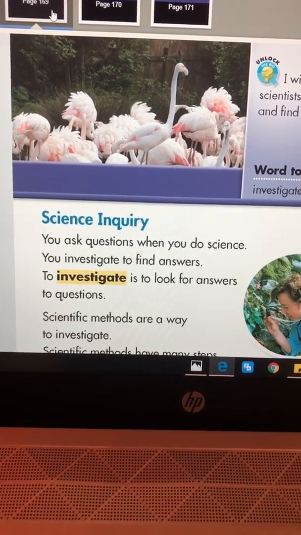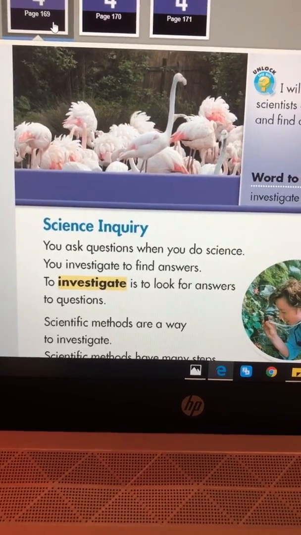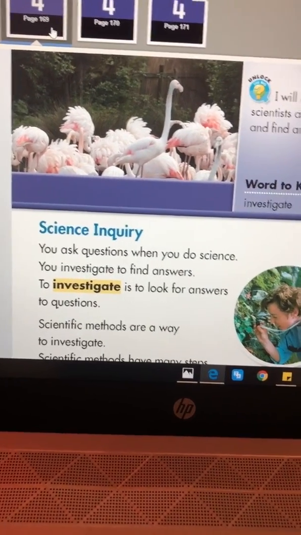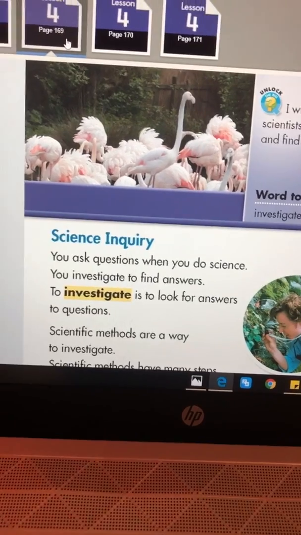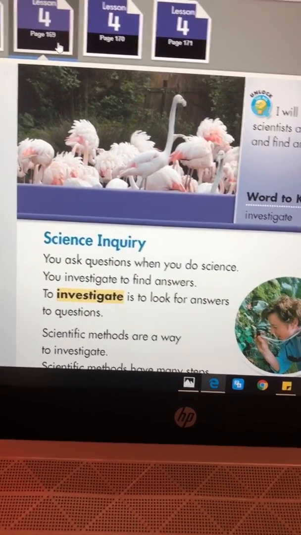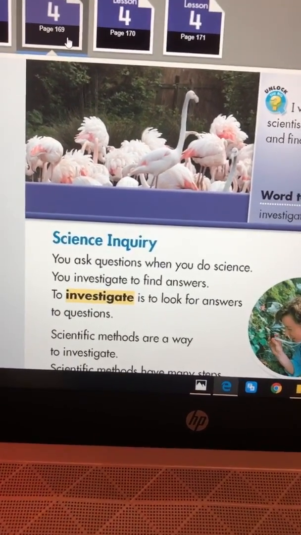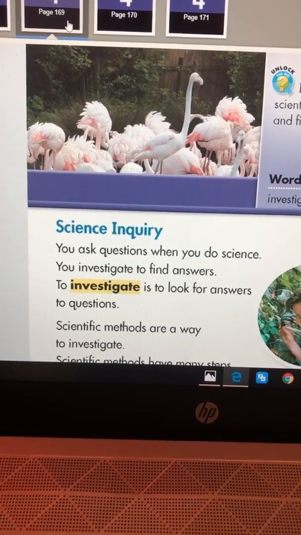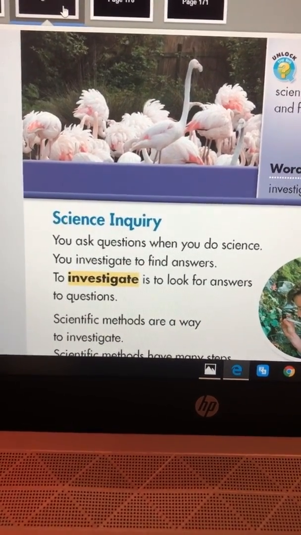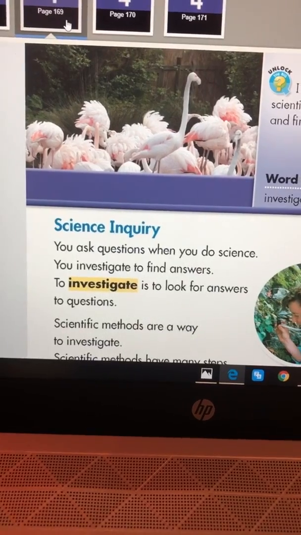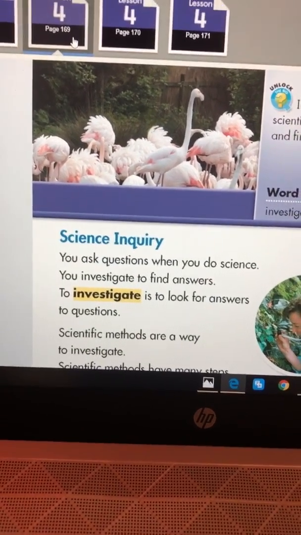So investigate means near or close to inquiry. So investigate is close or near to inquiry. So what does it mean? Investigate is to look for answers to questions.